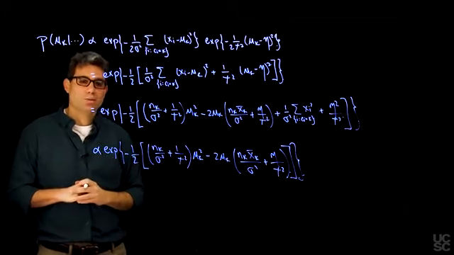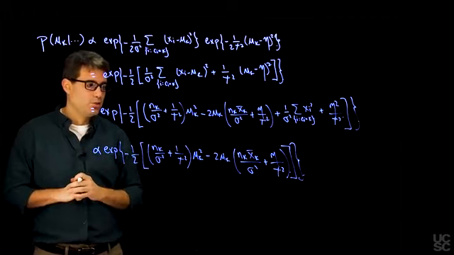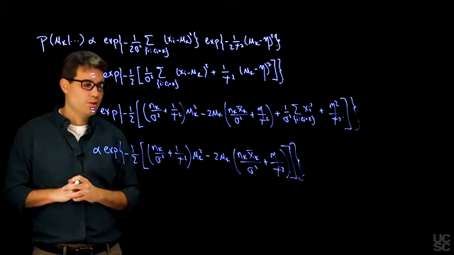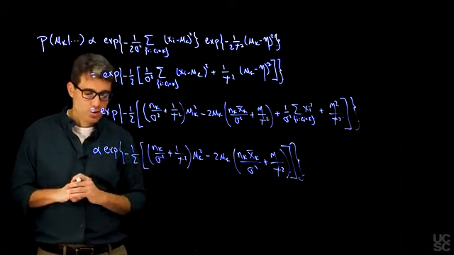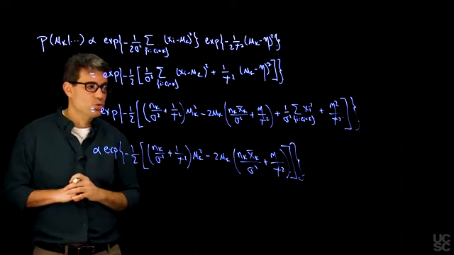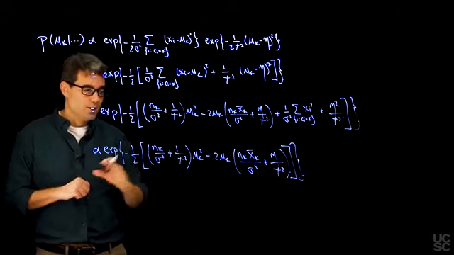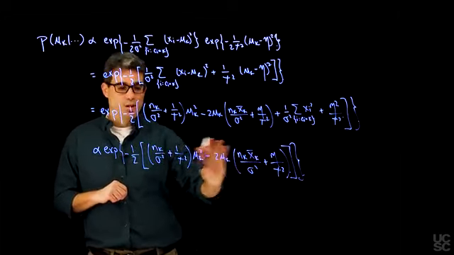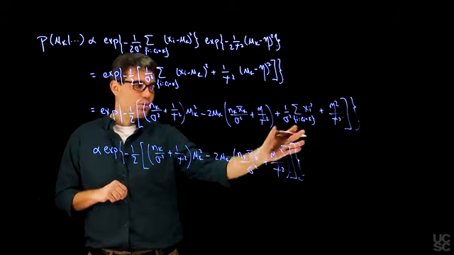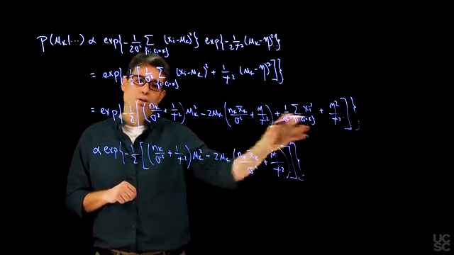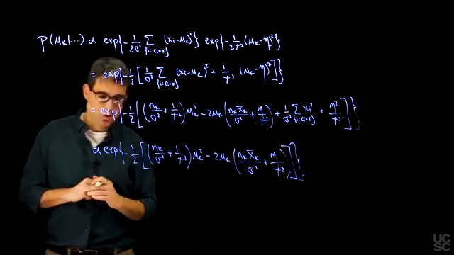And finally, to get the structure of the kernel to look like that of a normal distribution, I just need to carry out completion of squares, which is one that you should already be familiar with. And again, there is going to be an extra term that doesn't depend on mu coming out of the completion of squares. And that extra term can be dropped out just in the same way that we dropped these terms out there.